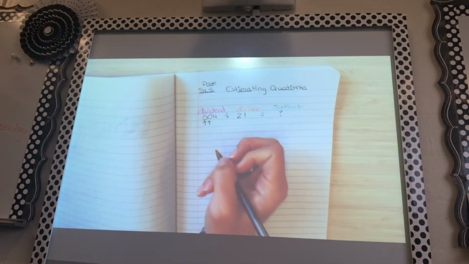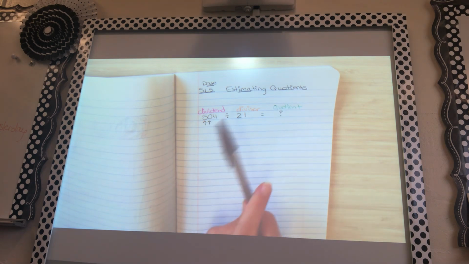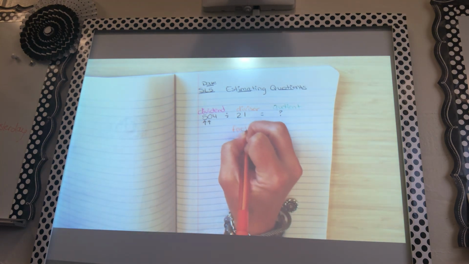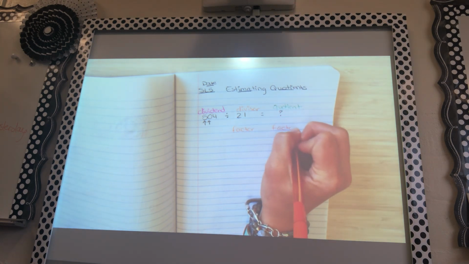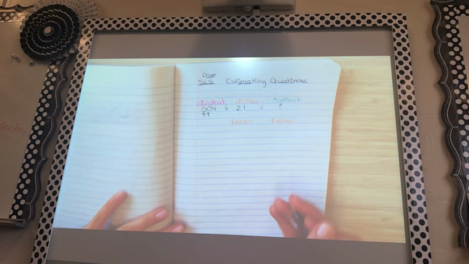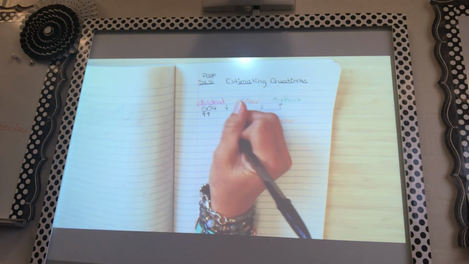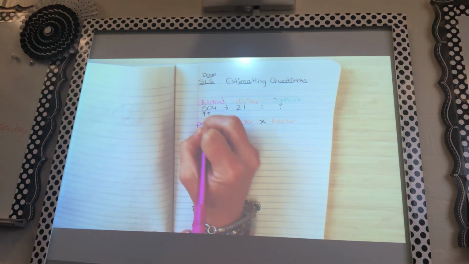when I find my inverse operation of multiplication factor. So if I look at this, I would do dividend divided by divisor equals quotient. But I can also make these a factor times a factor equals product.